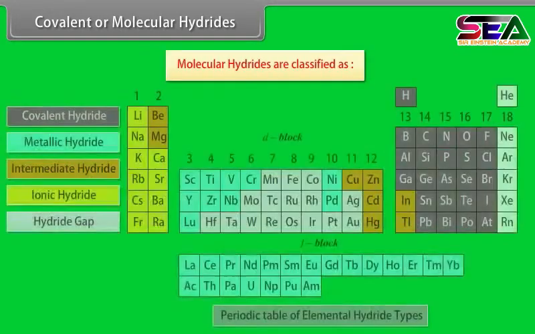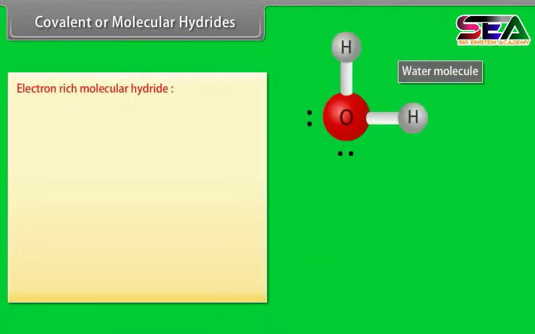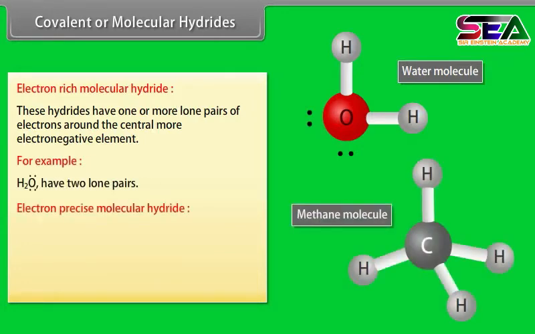Covalent or molecular hydrides. Molecular hydrides are classified as electron-rich molecular hydrides. These hydrides have one or more lone pairs of electrons around the central, more electronegative element. For example, water has 2 lone pairs. Electron-precise molecular hydrides.